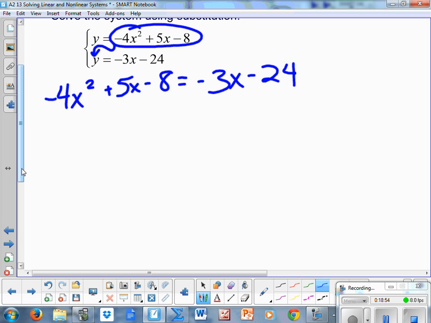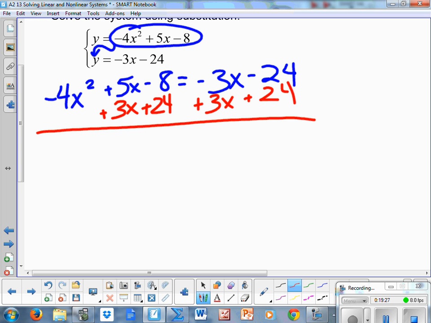Again, I need to get a quadratic expression equal to 0, because once we have a quadratic equation set equal to 0, I know three ways to solve it. So I'm going to add 3x to both sides, and add 24 to both sides as well.